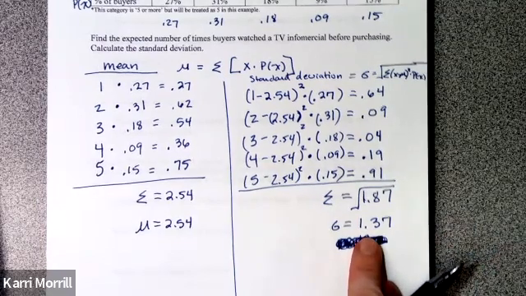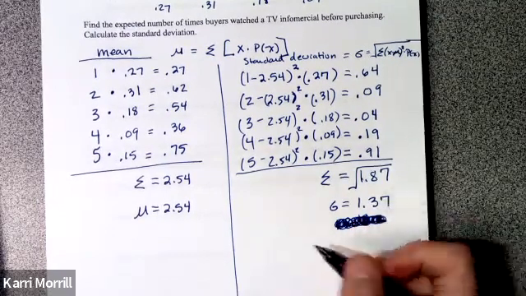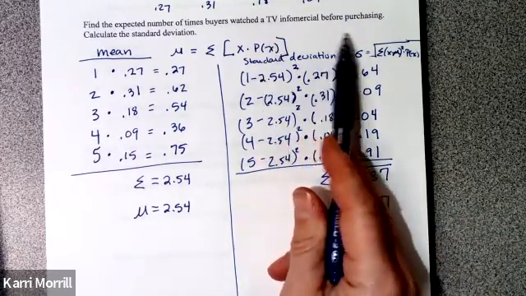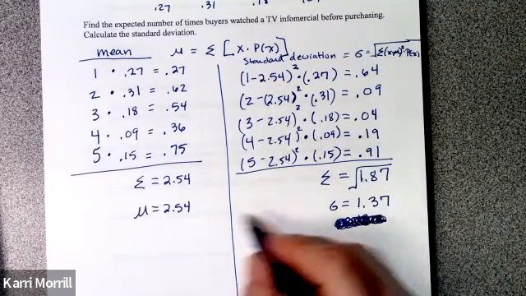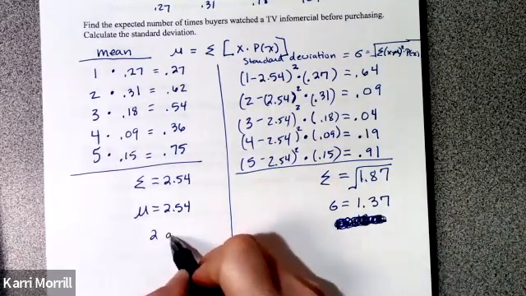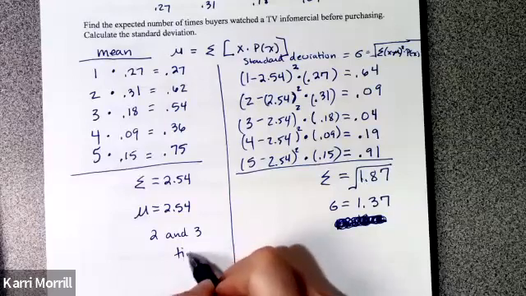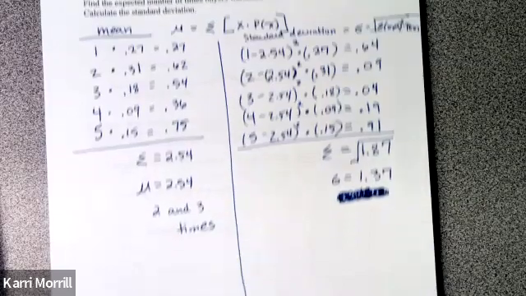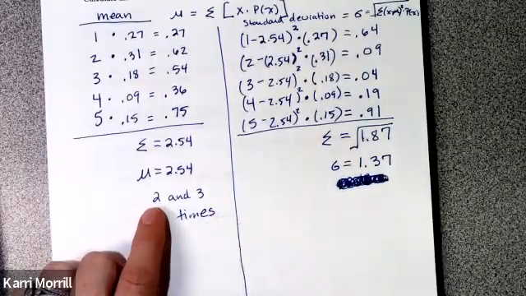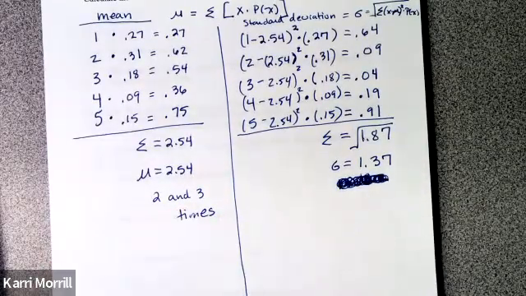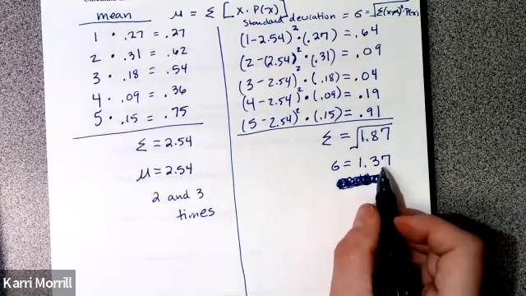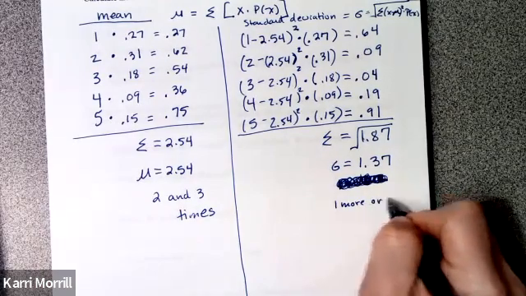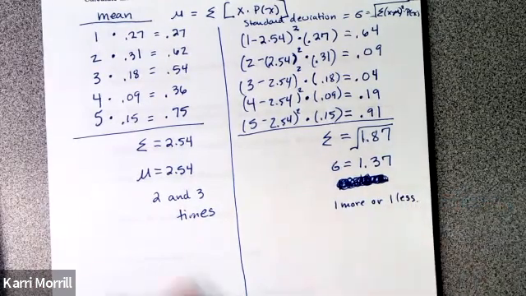So this would mean, find the expected number of times buyers watched a TV infomercial before purchasing. If this was between 2 and 3 times, if we would have written an explanation like we're supposed to for each one, we would have said they would have watched it 2 or 3 times before they bought. This standard deviation means 1 more or 1 less. That's where I was going a minute ago, and I got all mixed up with my mean.